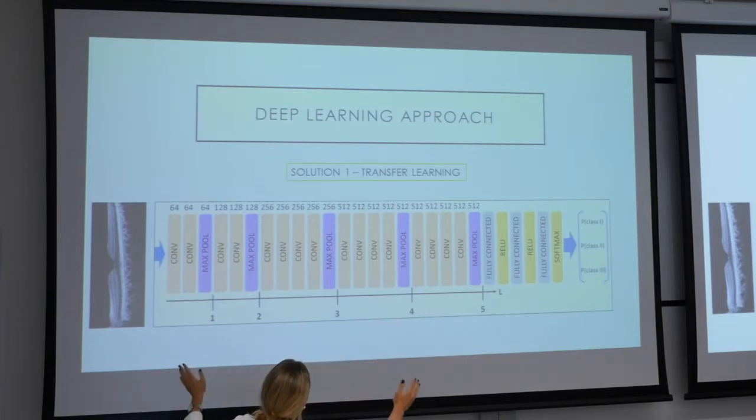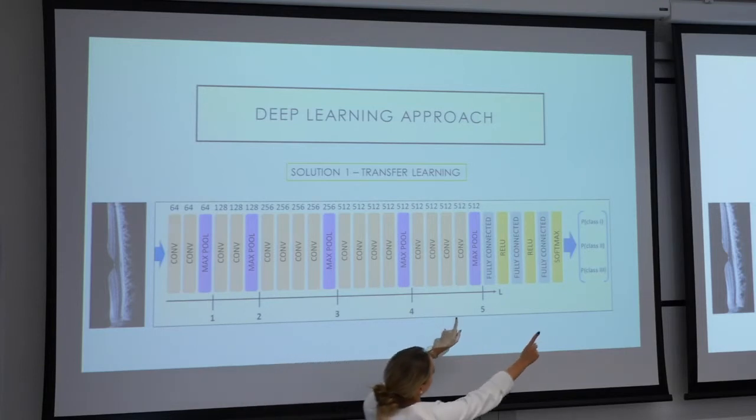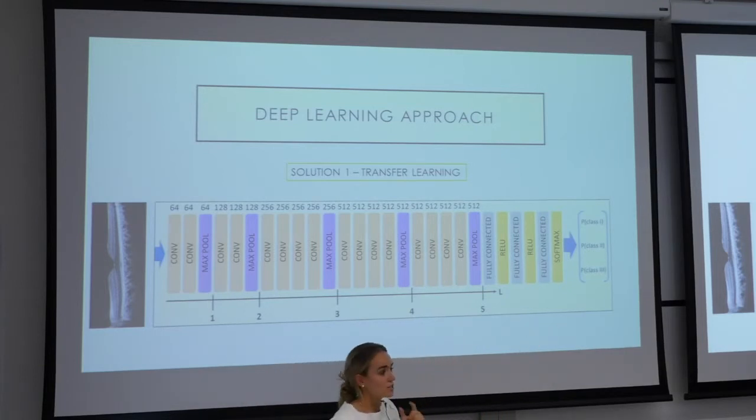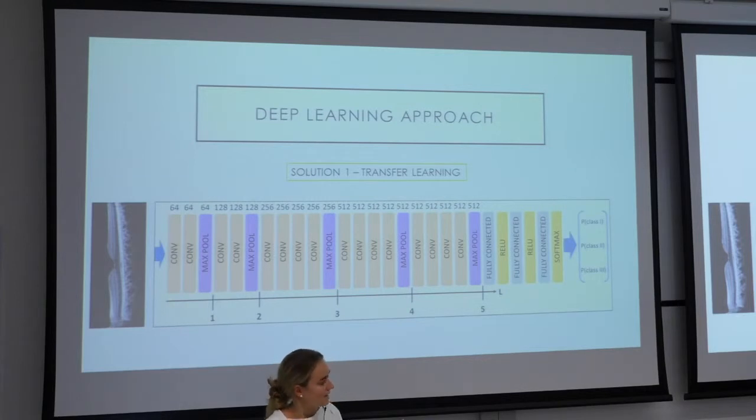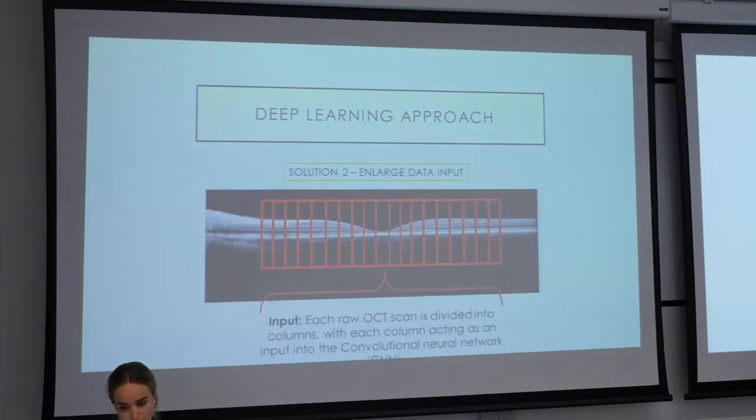So the first part of the network I used from a network that had already been trained on natural images, and I left it the same in the hope that it would extract features such as edges, which were general to any problem, and then simply trained the last bit of the network to be more problem specific. And this classified the entire image into healthy, severely diseased, and mildly diseased. So just 3 classes for the entire image.